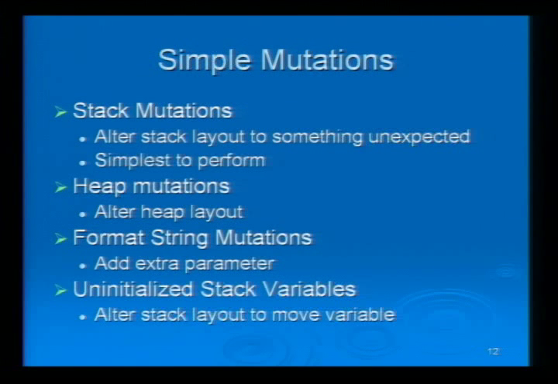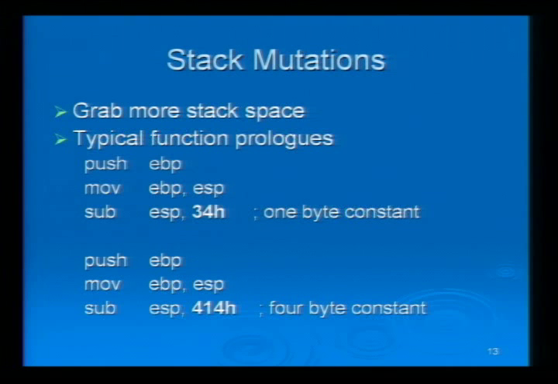And the goal, again, is to just alter the heap layout so that it looks different than what the attacker expected, since some of these things require very specific knowledge of where overwrite code will land. Format string mutations, these are again harder and involve more changing the characteristics, so I don't spend a lot of time there. And then uninitialized stack variables, in which we hope to alter the stack layout to move the uninitialized variable again, and that's kind of up with stack mutations in a different sort of vein.